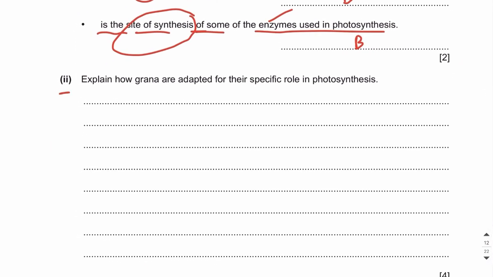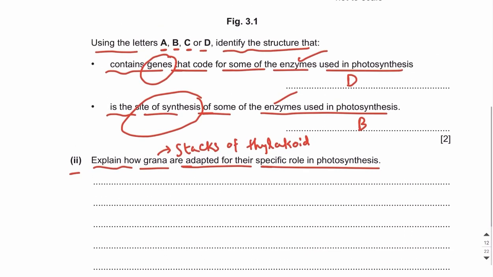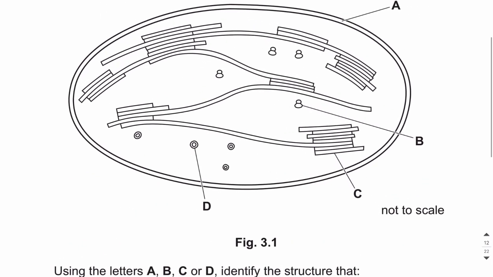Explain how grana are adapted for their specific role in photosynthesis. So guys, if you recall, grana are stacks of thylakoid, right? What are grana? Grana are the stacks of thylakoid, and we can see these are grana, right?